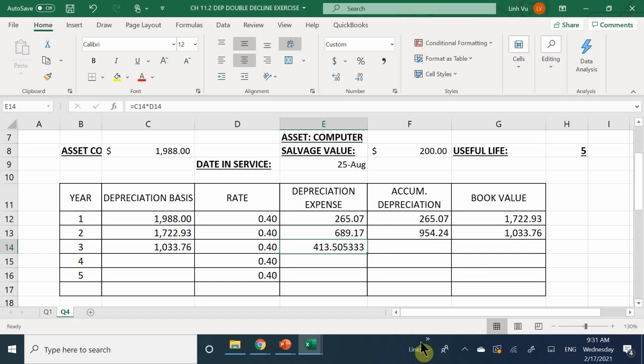When I do it just on a calculator, it comes out to 413.504. Yep, me too, that's what I got as well. So that means it's an extra rounding.